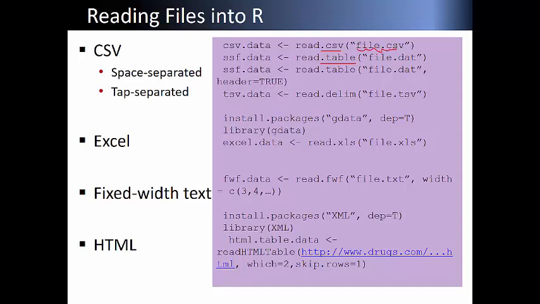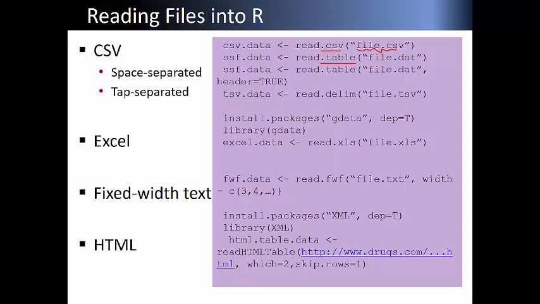Again, in this parentheses, if the file and data is not in the same location as your R script is running, then you need to specify fully from the drive, C:. If you want to do a backslash notation, then you need to have a double backslash. Backslash and the name, backslash. If you do not like double backslashes, use forward slash one time. Forward slash is not an escape character.